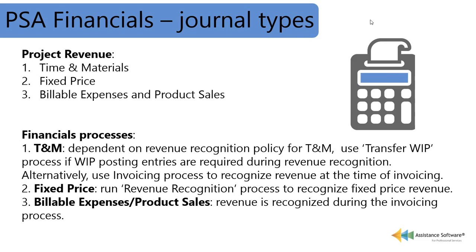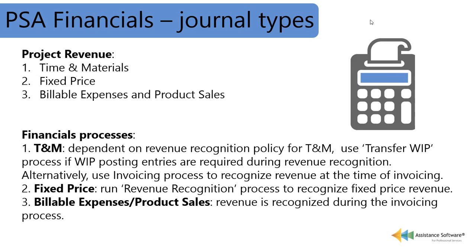Alternatively, there are companies that would like to recognize revenue for T&M items at the time the costs for T&M items are incurred. And a great example would be when the costs of labor that has been charged against T&M items have been approved, and those costs are going to be loaded into the financials database.